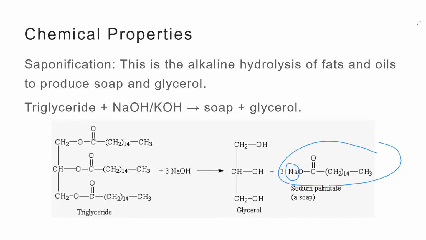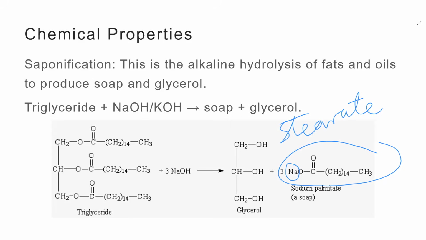Soap is the salt of fatty acid. In this case, it is sodium palmitate. Another common one you will see in exams is sodium stearate. Sodium stearate is going to come from stearic acid.